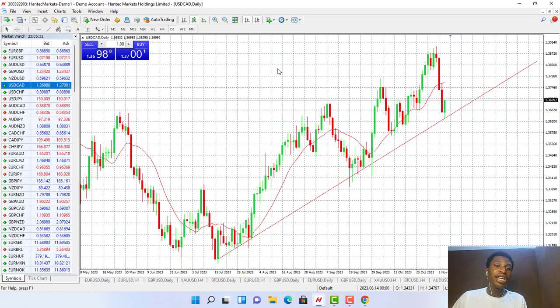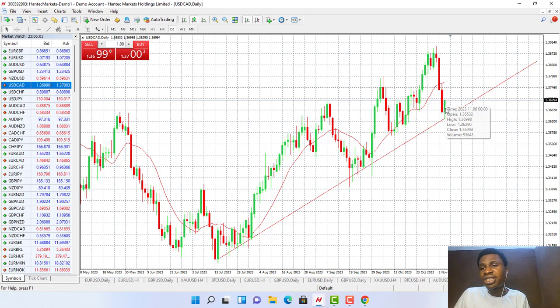Right, so for now our analysis is for a buy for Euro USD and for GBP USD. But USD CAD right now is currently in our trend line. That the market is in a trend line does not mean that it cannot be broken. However, you are still expected to respect the trend line.